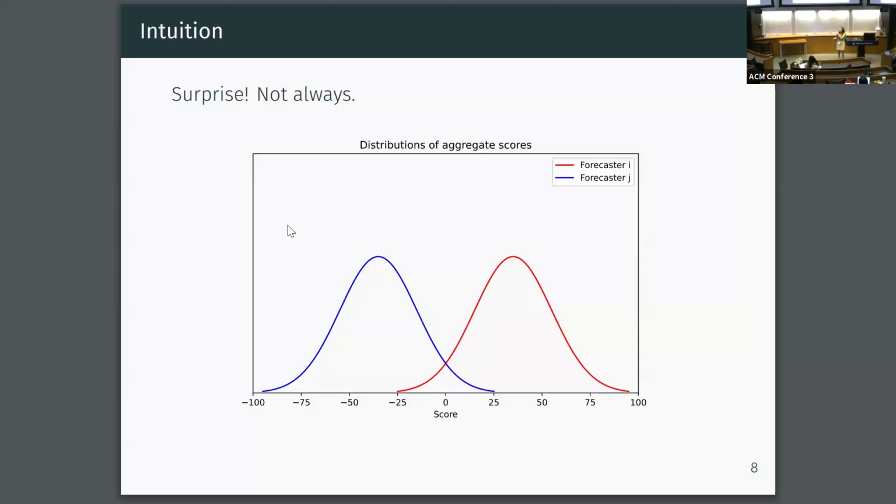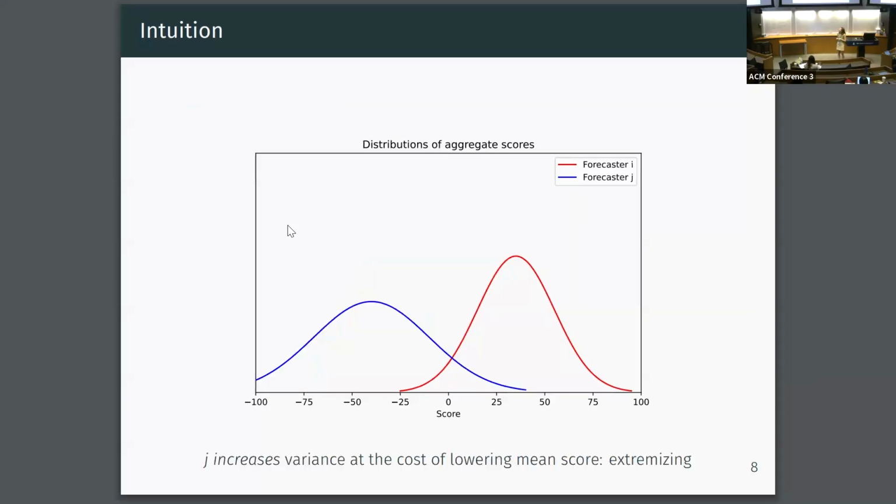The intuition here is that the forecaster who's behind, forecaster j, is going to attempt to increase the variance of their distribution, even at the cost of lowering their mean, by extremizing their reports. They do this because they're able to increase the overlap area with the other distribution and increase their chance of getting lucky and winning.